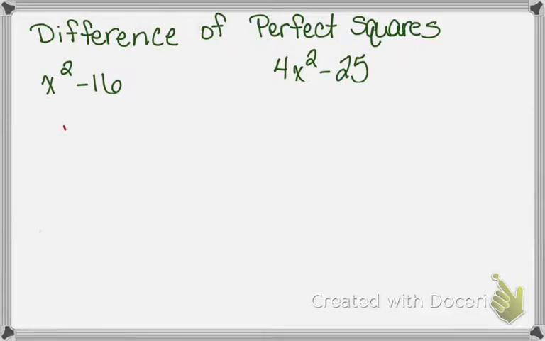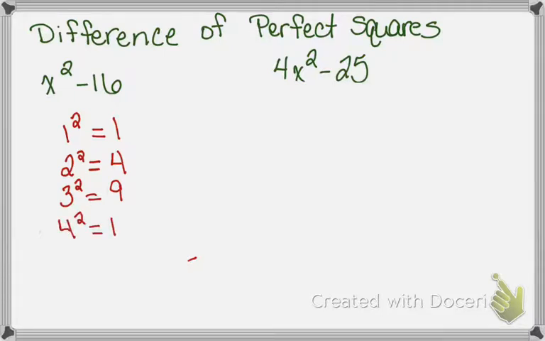So, if I have 1 squared, what is 1 squared? 1 times 1. Okay. 2 squared. 3 squared. 4 squared. 5 squared. 6 squared.